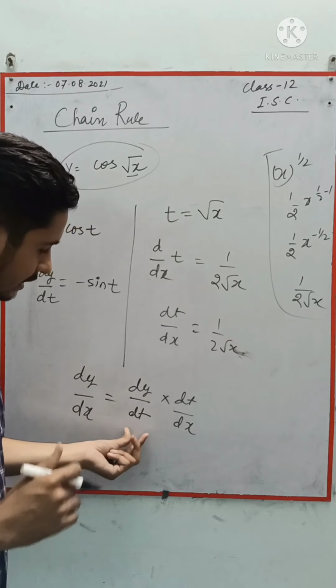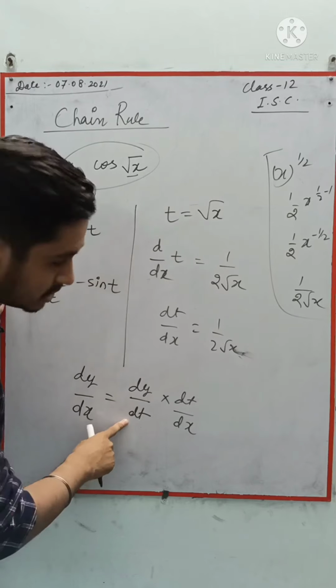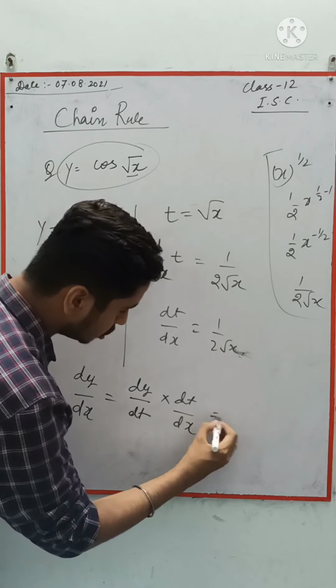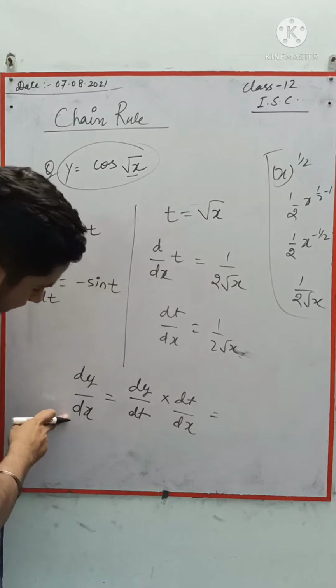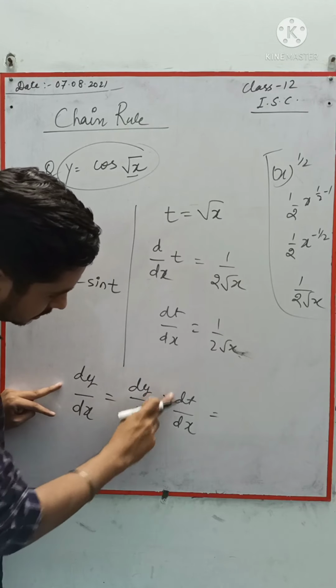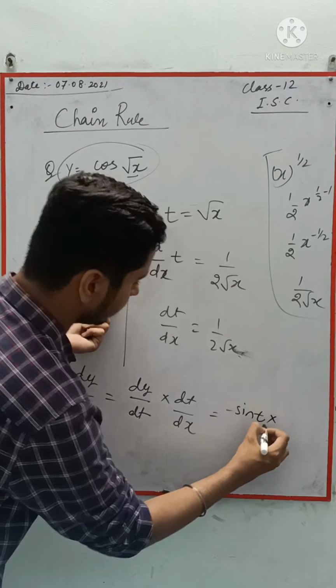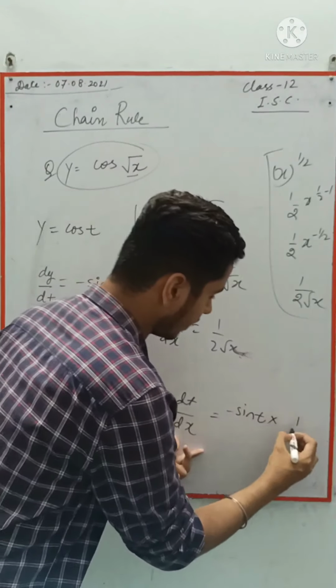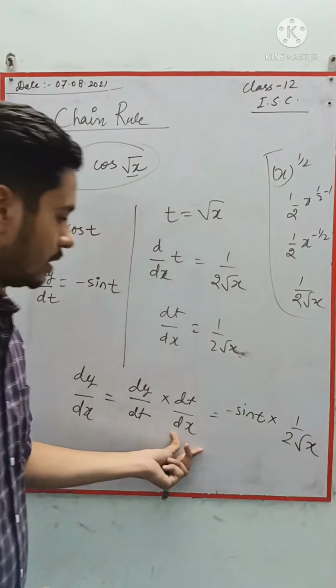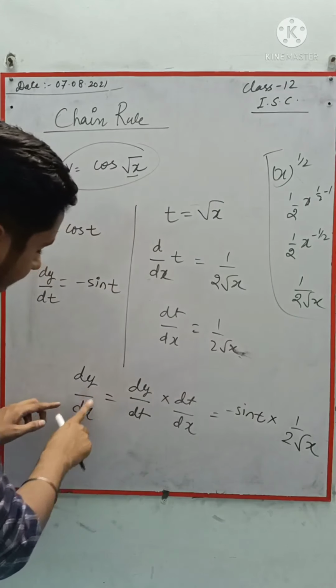So we think that dy/dt will self-adjust with dt/dx to get dy/dx. So dy/dx is nothing but dy/dt into dt/dx, and we have both the answers. This is minus sin t into 1 upon 2 root x.